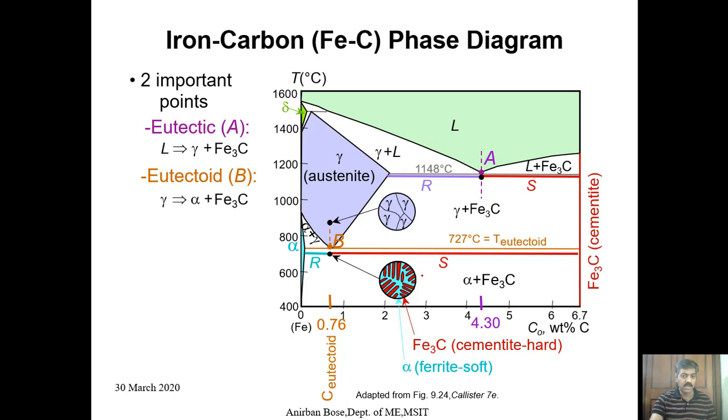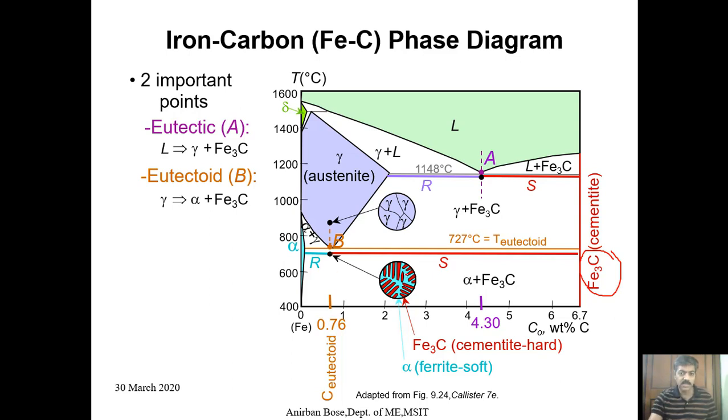So alternate layers of blue and red, that means alternate layers of ferrite and cementite, and this particular structure is called pearlite. And remember, ferrite is a very soft part, but Fe3C is very hard and brittle. And this is the pearlitic structure. Clear?